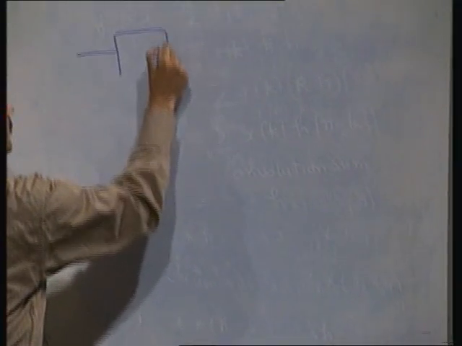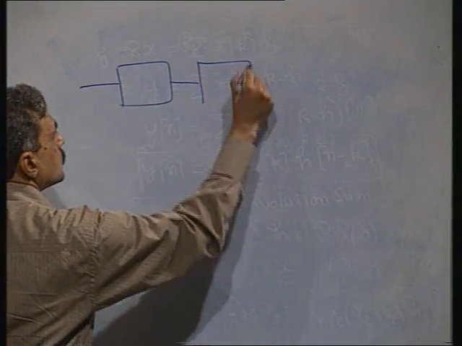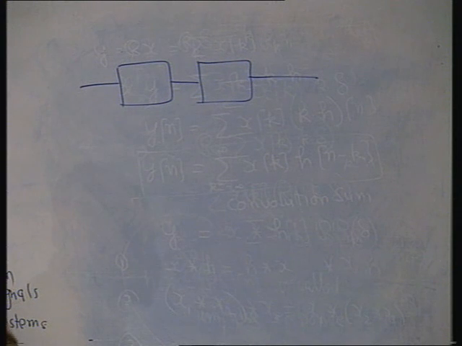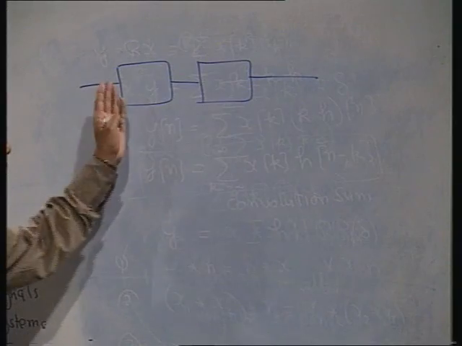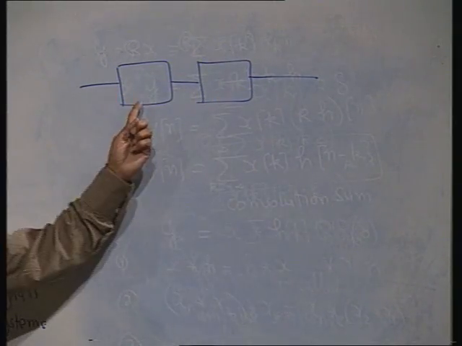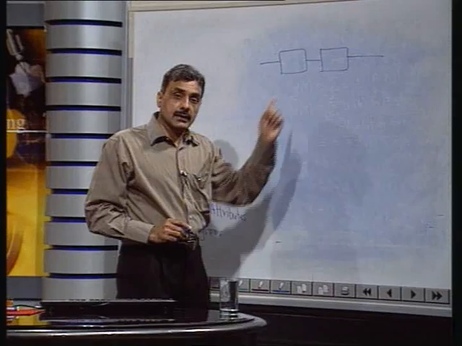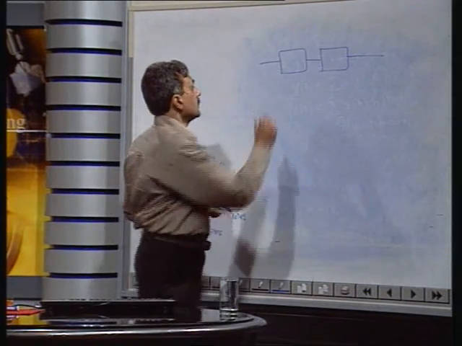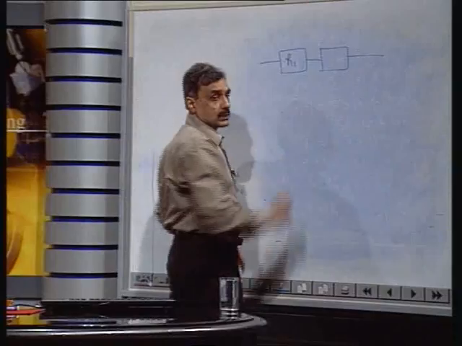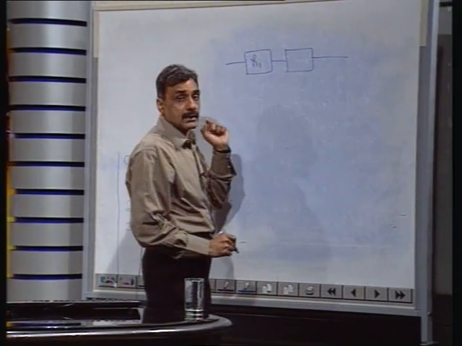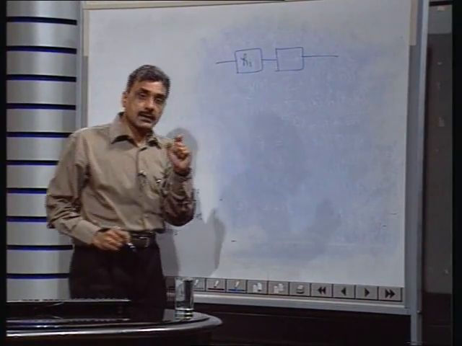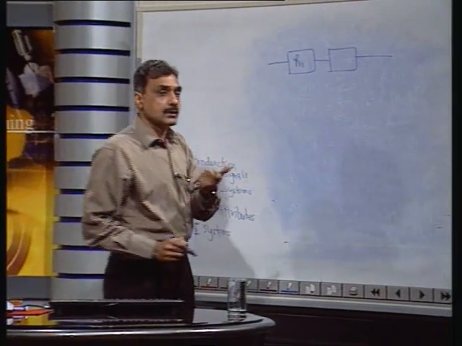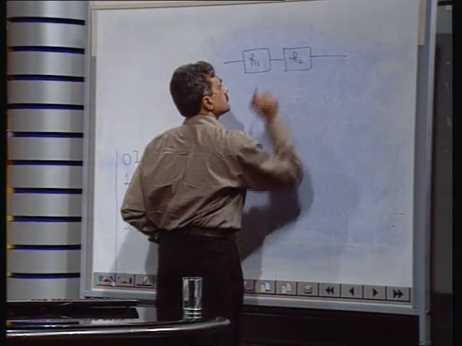Let us see its application in simplifying certain block diagrams. Suppose I have two linear time invariant systems, with the output of one fed to the input of the other. Such an arrangement is called cascading. I am cascading two LTI systems together. This is an LTI system, so it is completely characterized by its impulse response, say h1. This is another LTI system, completely characterized by its impulse response, say h2.